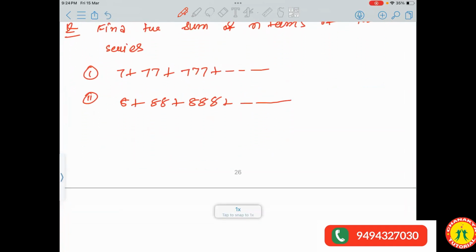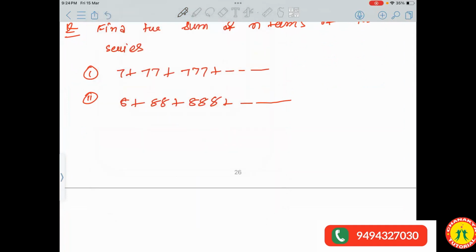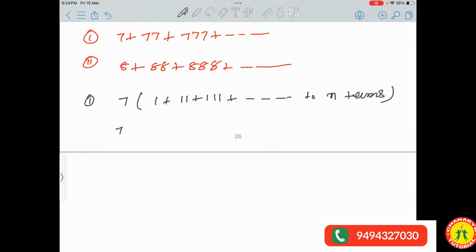Anyone know how to solve this question? It's a very good question. A little bit of adjustment: we can take 7 as common, 1 plus 11 plus 111 like that, up to n terms. Now the adjustment is we can divide by 9 and multiply by 9.